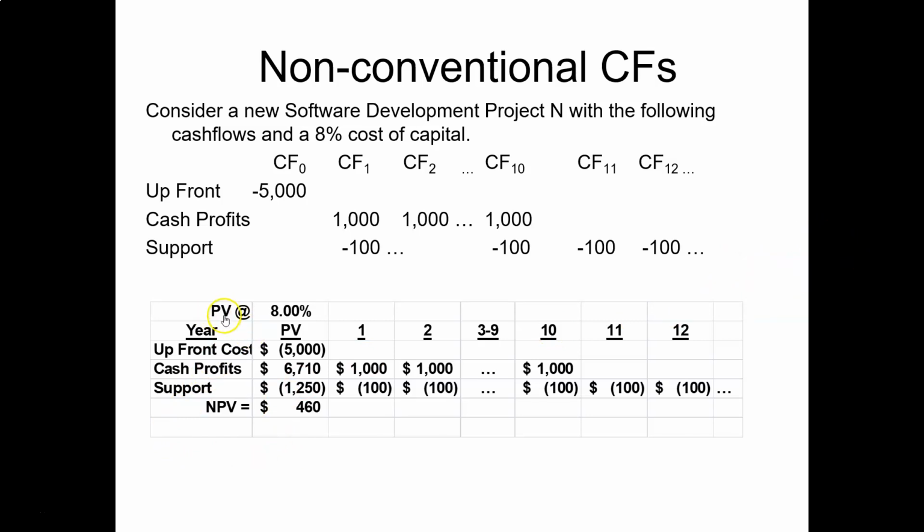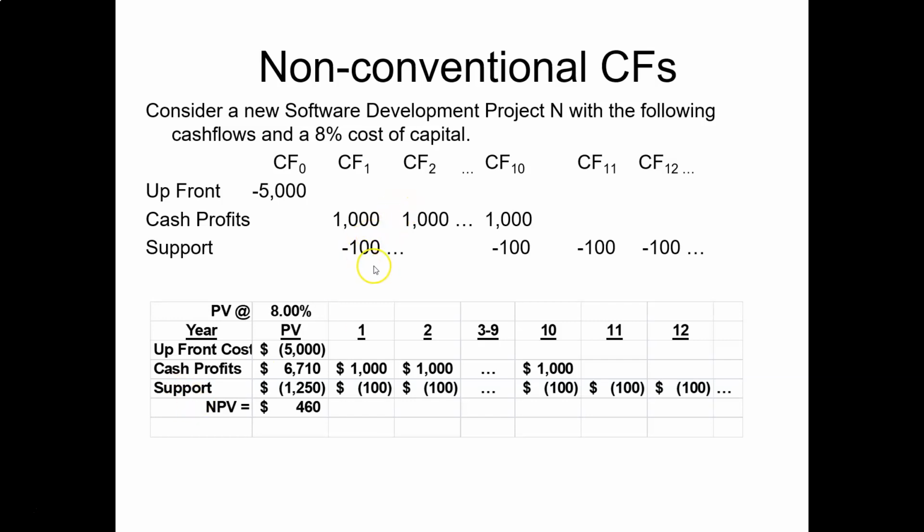If we assume the opportunity cost of capital as 8%, we can quickly calculate the net present value of this software project. It is the net present value of this upfront investment, the present value of this revenue annuity, a 10-period payment with $1,000 payment, and this maintenance cost perpetuity.